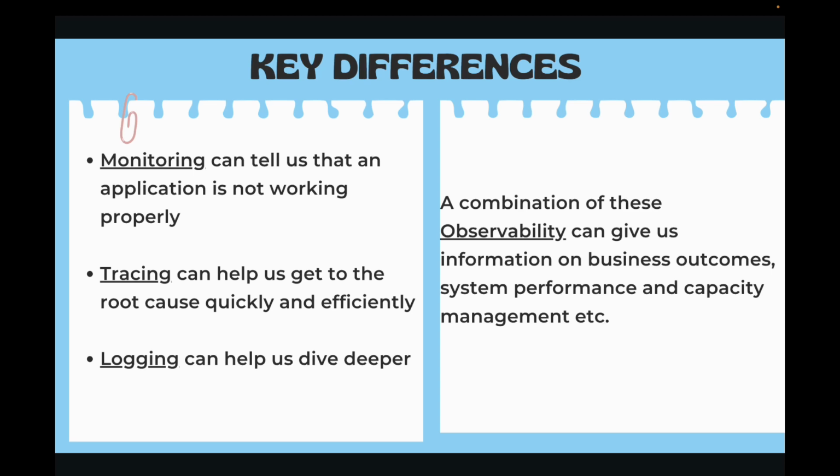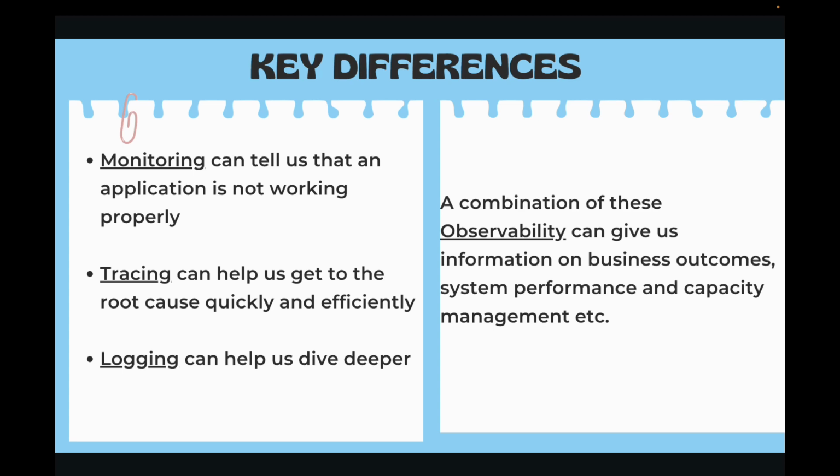So you're monitoring it, so you know something is wrong; you're tracing it, so you know where exactly it is wrong; and you're logging, so you have the root cause. Then you deep dive and say, oh hey, this is the reason this happened, and I can now change this particular piece of code and it should work. Those are the three differences between monitoring, tracing, and logging.